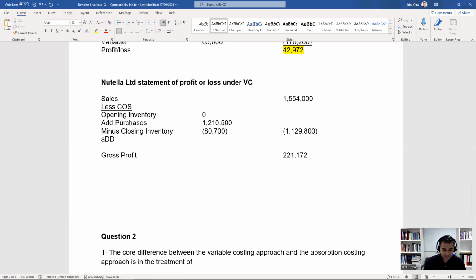So add variable selling and admin. How much is it? 63, yeah, 63. Right, so add that 63,000 pound.